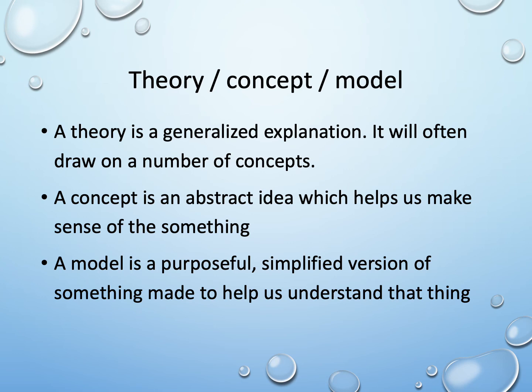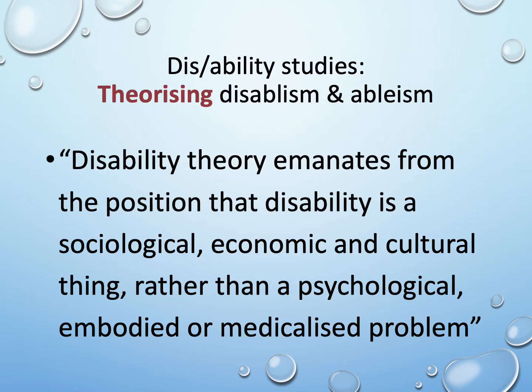So that's the difference between theories, concepts, and models. And now we can move to your key text this year, Dan Goodley's book, Dis/Ability Studies. And the subtitle, notice that, Theorizing Disableism and Ableism.